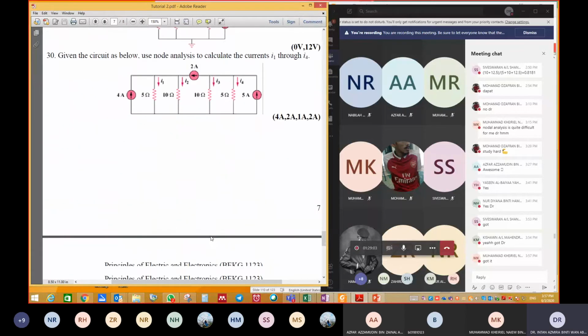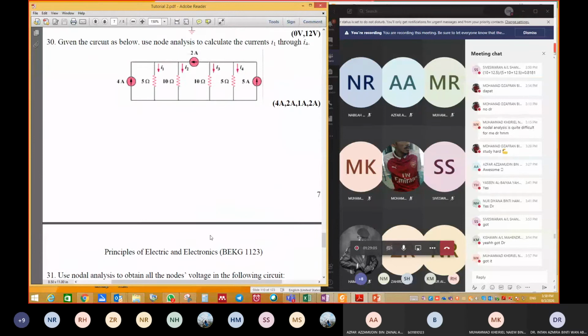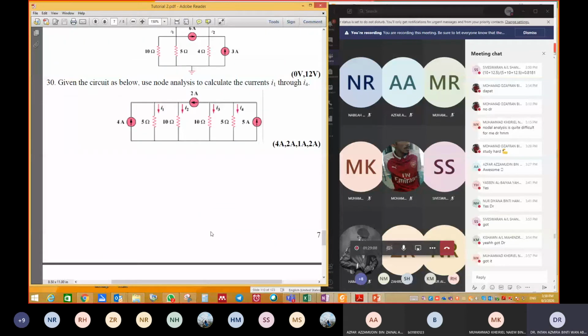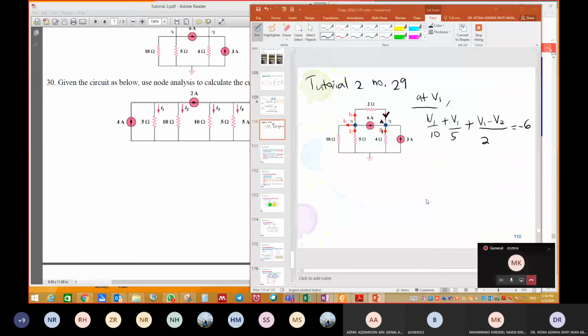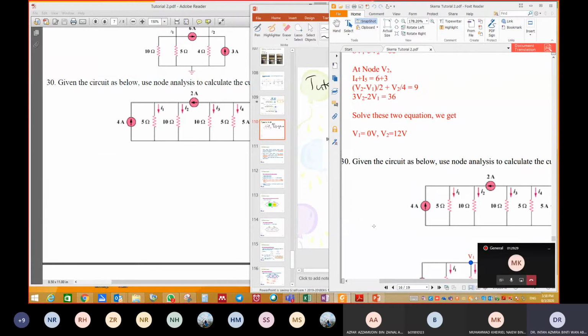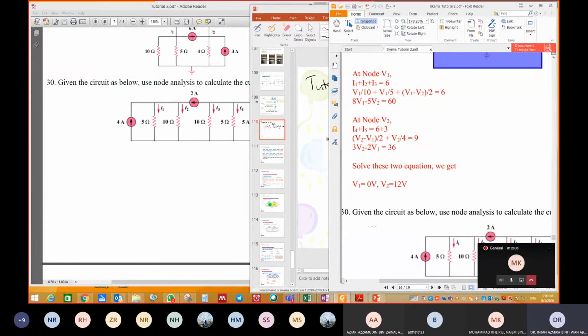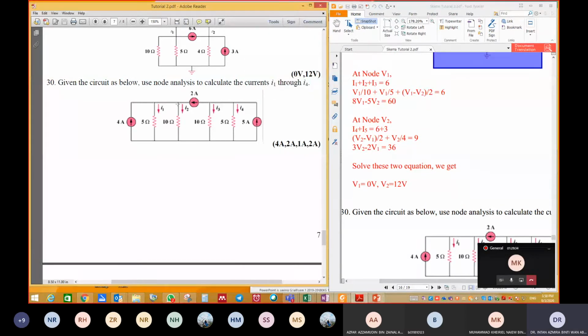Okay, now try number 30. We have only two nodes here, at the right side and the left side of 2M.